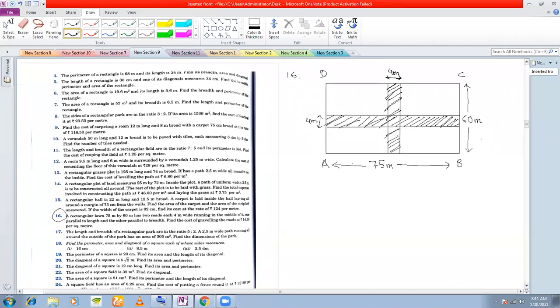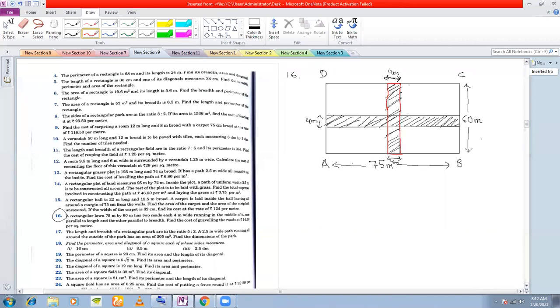Now the point is how to find out the area of this road. In order to find out the area, this forms a rectangle here. This is a rectangle. What is the length of this rectangle?